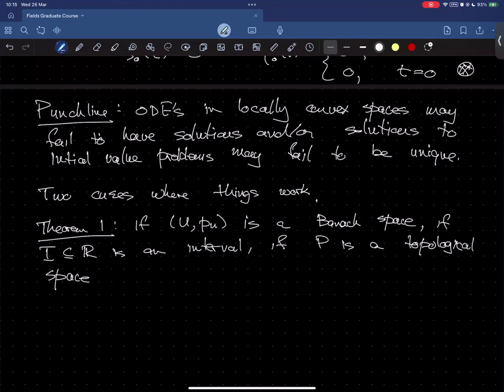Okay, so let me talk about time and parameter dependent ordinary differential equations. Let's say I take a mapping f from I cross O cross P into U, where O is an open subset of U. This is going to satisfy some conditions.